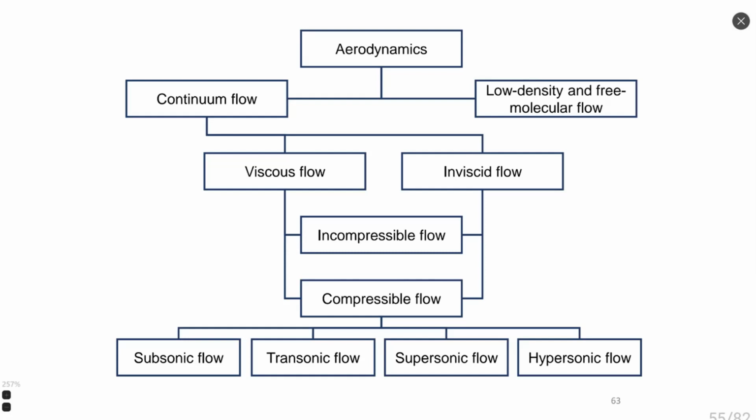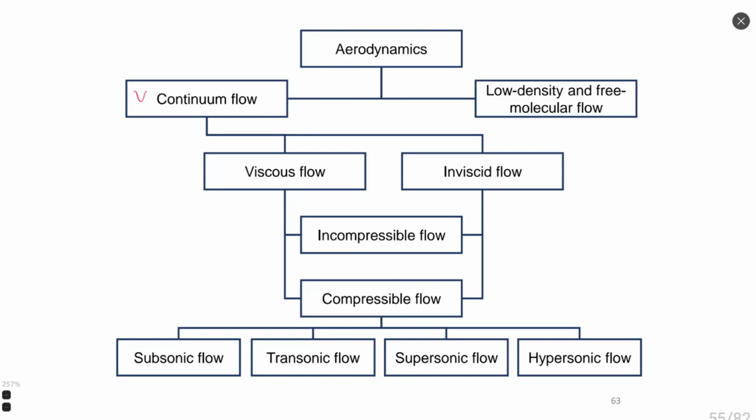Classical aerodynamics works with continuum flow, where we cannot see separate molecules and we see just a medium with average properties. This medium can be considered as viscous or inviscid.